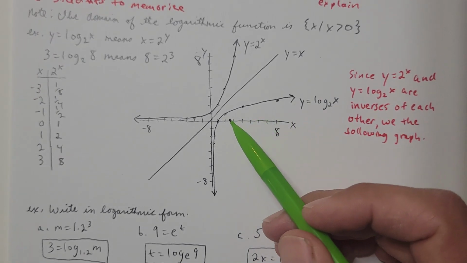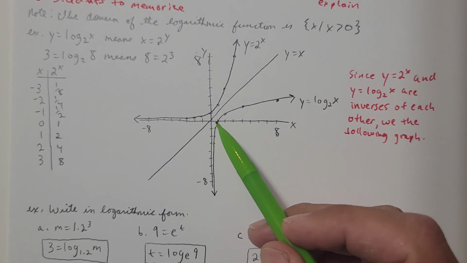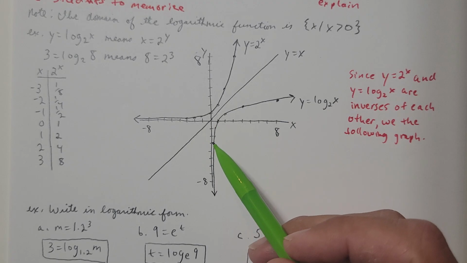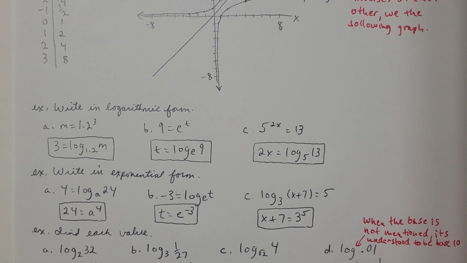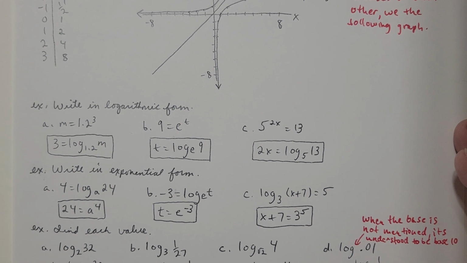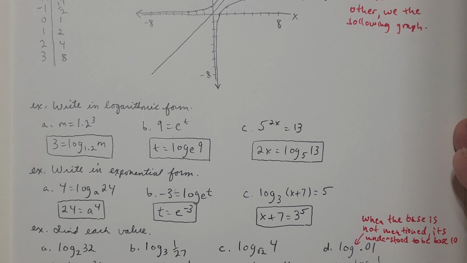In fact, with this graph, if x is any number between 0 and 1, y is a negative. You're down here. Okay, so I guess the point of that is to say don't get x and y mixed up. Okay, y can and will be sometimes a negative.